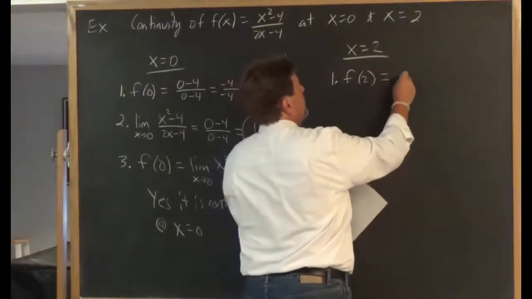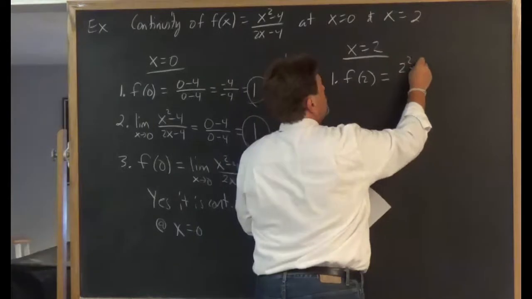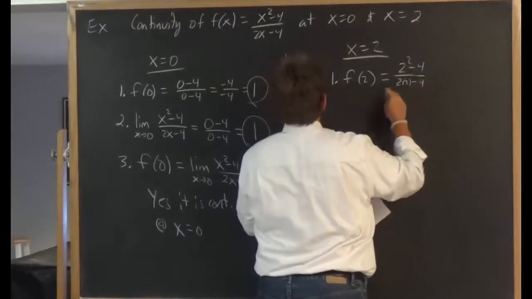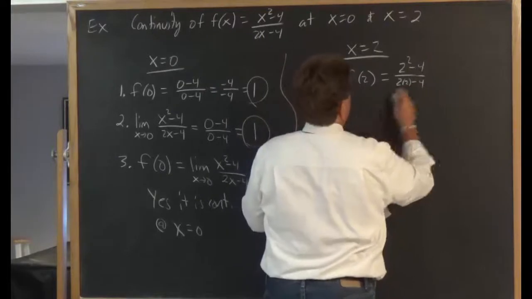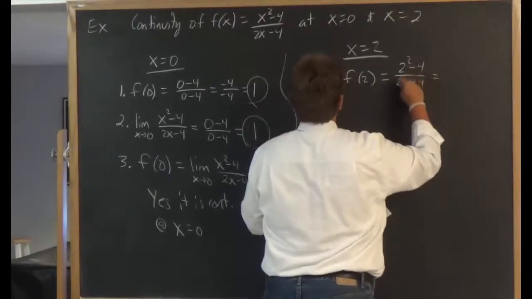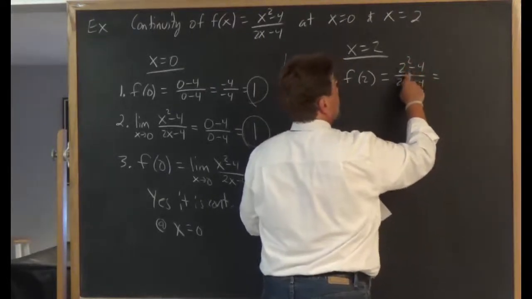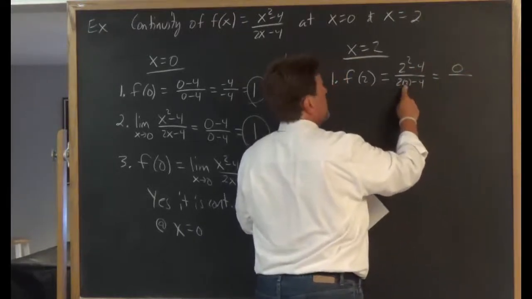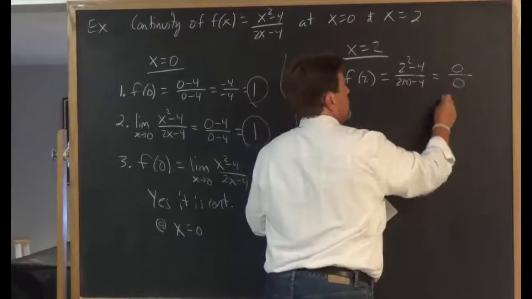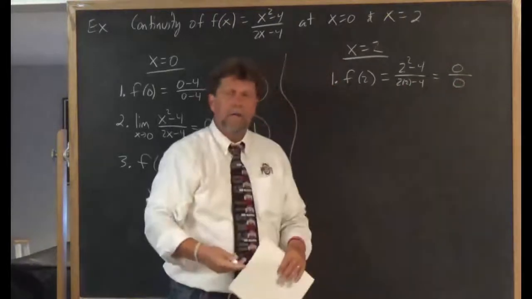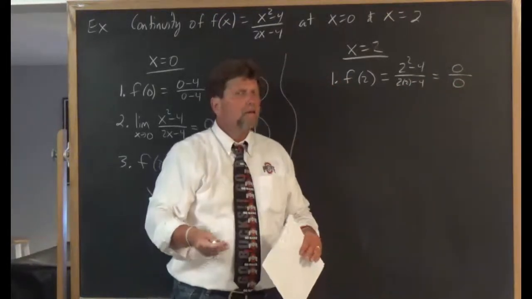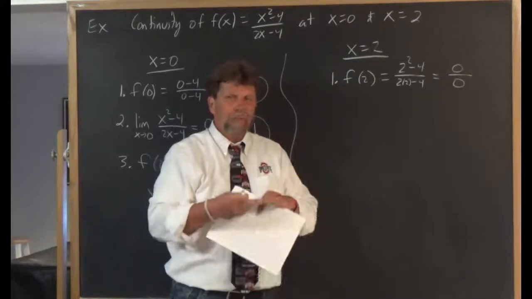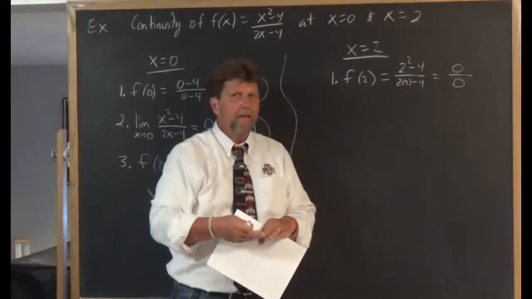Well, f of 2 gives us 2 squared minus 4 over 2 times 2 minus 4. Let's see, 2 squared is 4, 4 minus 4 is 0. 2 times 2 is 4, 4 minus 4 is 0. It's indeterminate. So is the function defined at x equals 2?